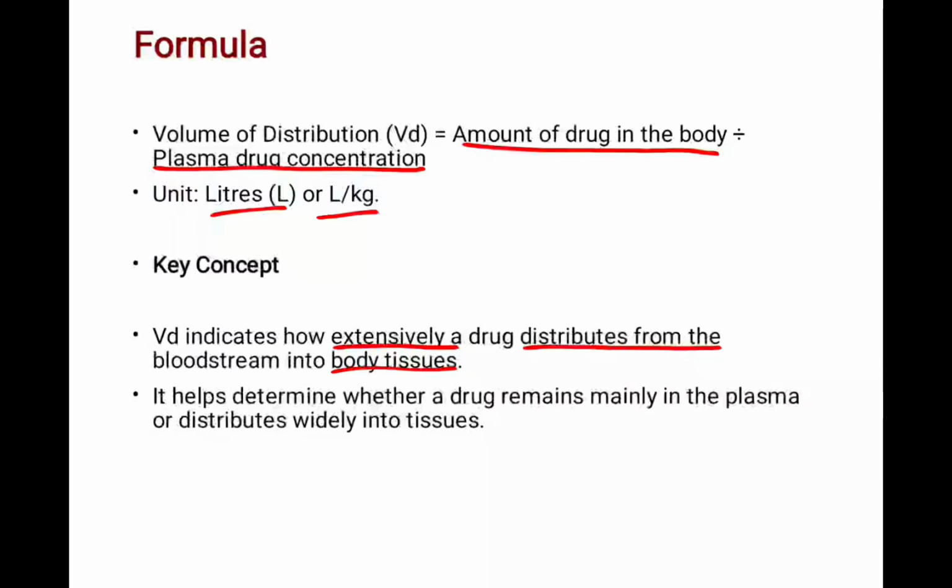So it helps us determine whether a drug remains mainly in plasma or is distributed widely in tissues. Therefore, a drug with a high volume of distribution, for example chloroquine, is extensively distributed into the tissues, while a drug with a low volume of distribution is contained majorly in plasma.